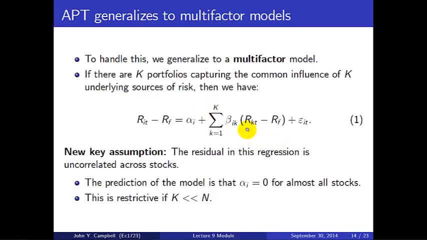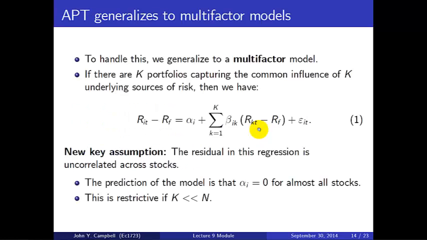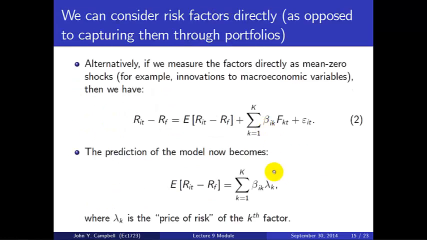Well, here the lambda k is captured in the mean of this traded portfolio of assets R_kt. So it got built in automatically. The beta ik lambda k is automatically taken care of by the mean of this thing, leaving nothing over for the alpha. Then the alpha is 0. So these two approaches, this one here and this one, are two different ways of writing the same thing.